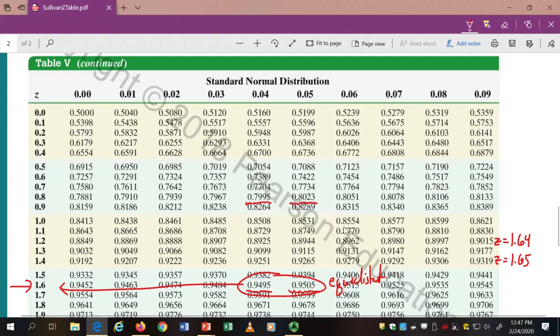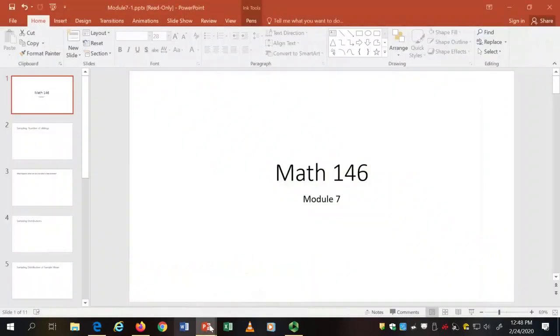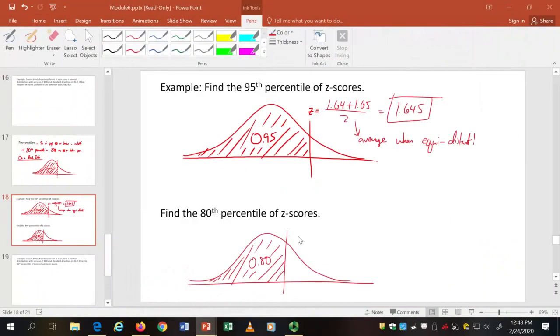Here's 0.8023, that's above the 80th percentile. Which one's closer, though? We go for the closer probability. So you don't always pick the one below, you don't always pick the one above, you just pick the one that gets closest to the percentile you're looking for. And what's the z-score associated with that? 0.84. Yeah. So our z-score would be 0.84.